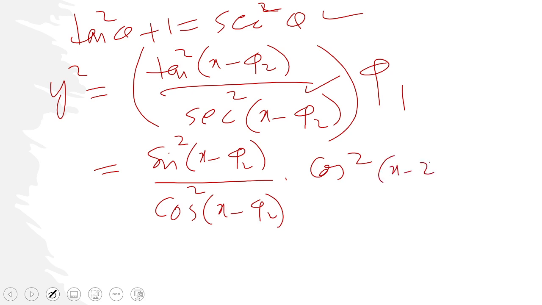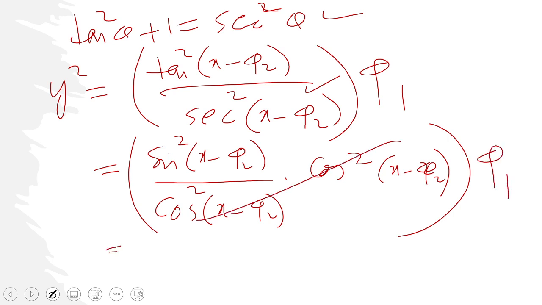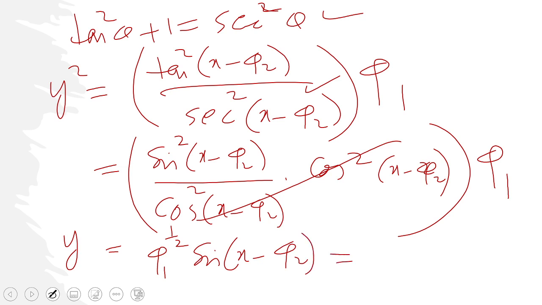This whole is multiplied with phi 1 and these cancel. So when you take the root, y will be root of phi 1 times sine of x minus phi 2. And you see they are constant, so I can write this with a constant. This is the solution we found earlier in the usual way.